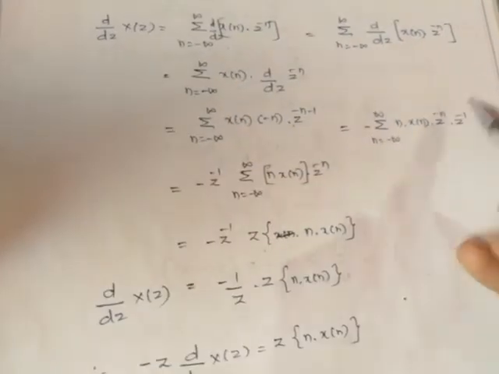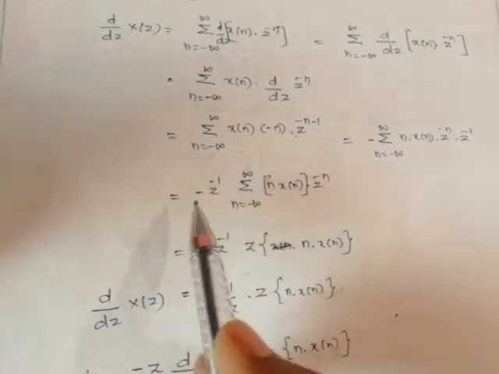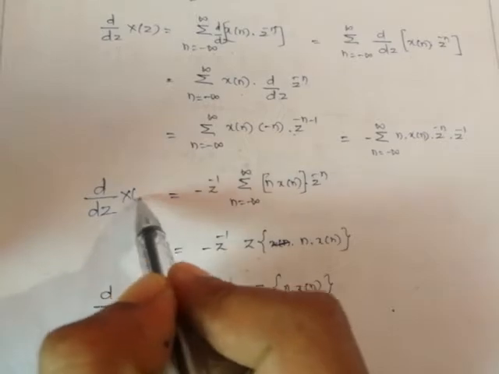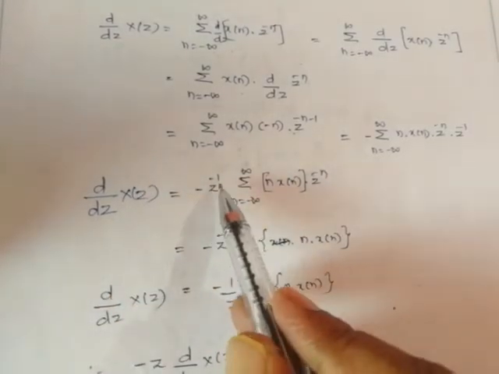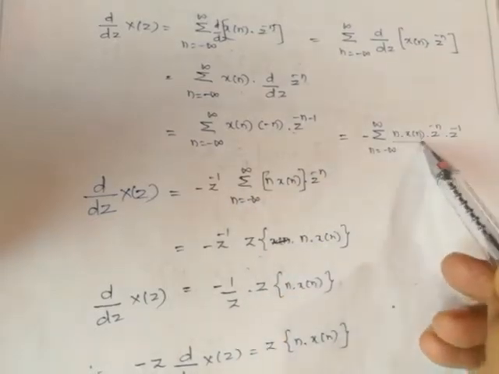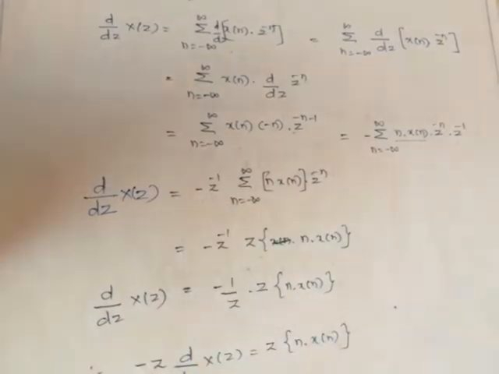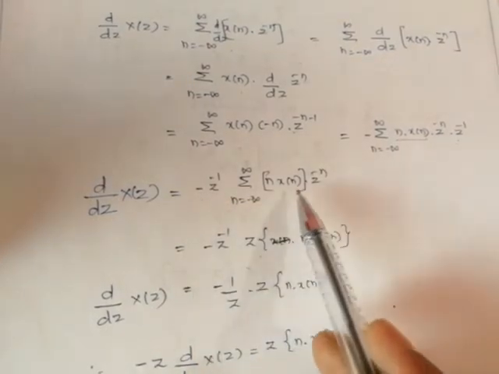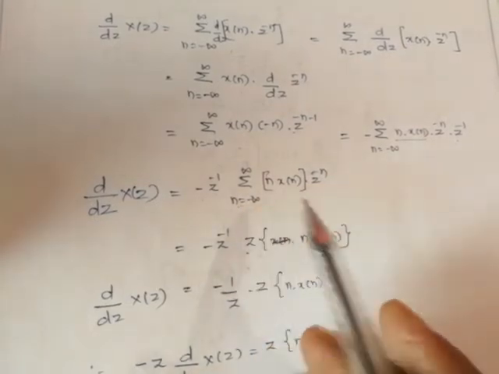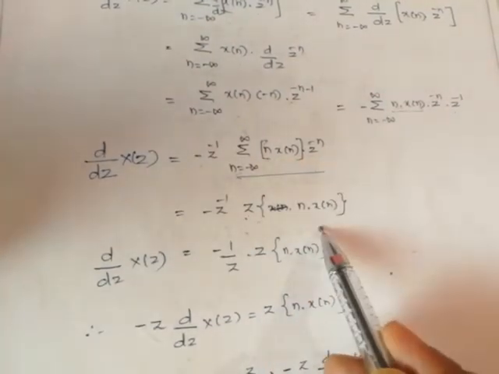Next I take this z to the power minus 1 outside, so the differentiation of x of z equals minus z to the power minus 1 summation n equal to minus infinity to plus infinity n into x of n z to the power minus n. This indicates the z transform of n into x of n, the same thing I have written here.